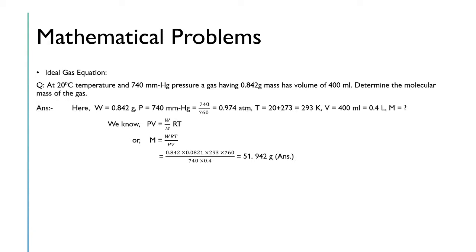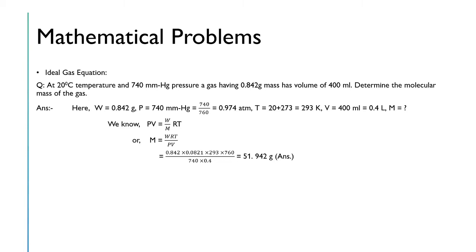Then the next problem is from ideal gas equation. So in this problem, you have to watch carefully the units. The units are very much crucial here, because the value of molar gas constant is the main factor you have to keep in mind, because there are three units you can solve the problems.